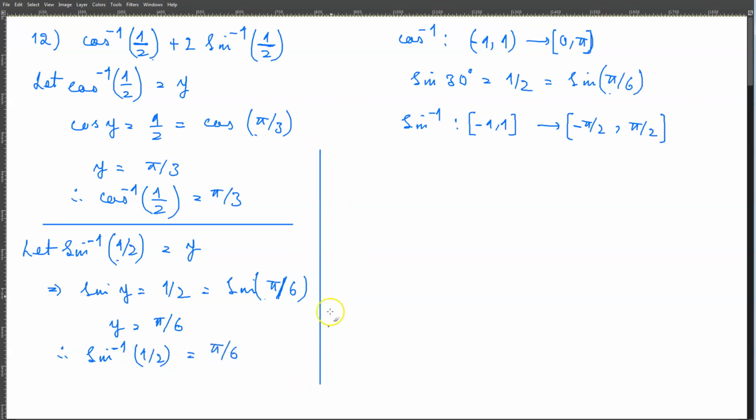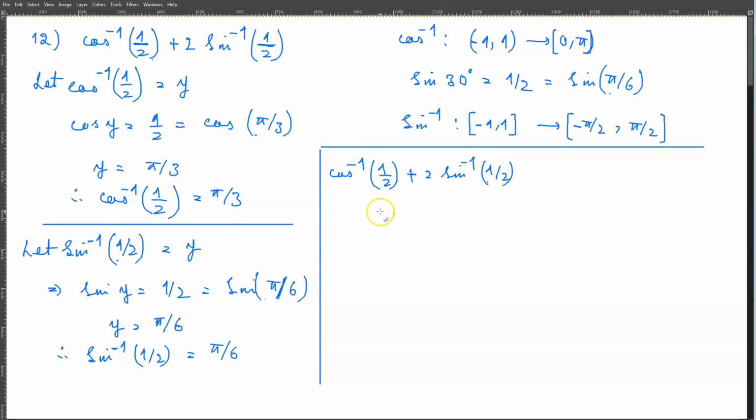Now what we wanted to calculate here was basically cos inverse of 1/2 plus 2 times sine inverse of 1/2, which is equal to, now cos inverse of 1/2 is equal to pi by 3. 2 times sine inverse of 1/2 is 2 times pi by 6, which is equal to pi by 3.